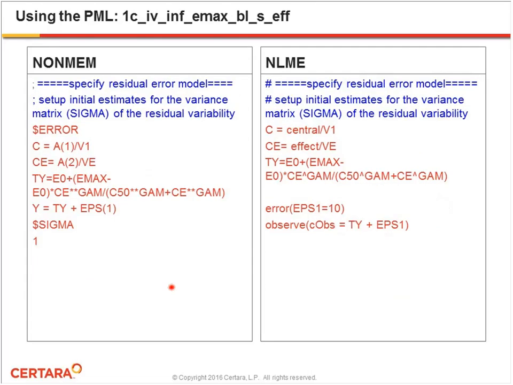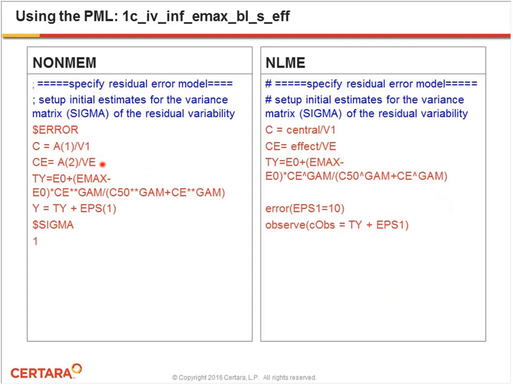Finally, this is the last part of the textual code, the specification of the residual error model. Before that, there are some scalings, if you will. The concentration, we want the program to calculate the plasma concentration. That is done by scaling the amounts with V1, the volume of the central compartment, or the effect concentration, which is scaling the amount in the effect compartment divided or scaled by the volume of the effect compartment.